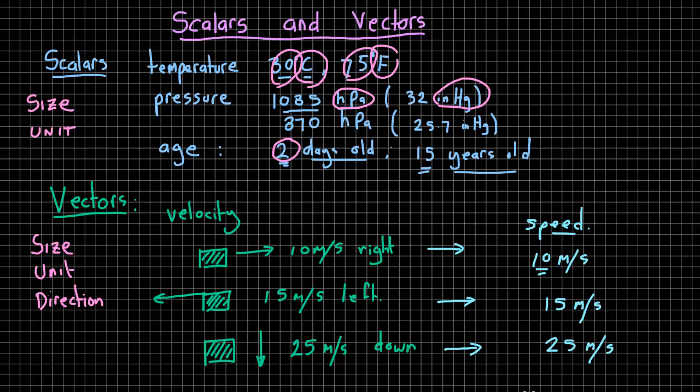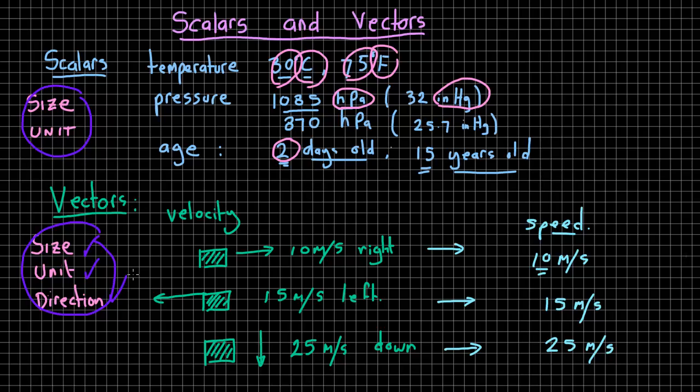We would have no idea if it's moving up or down or in any other direction. So this is the difference between vectors and scalar quantities. For scalar quantities, we need to have a size and a unit, but for a vector quantity we must have a size, a unit and a direction. And that's the only difference between them.